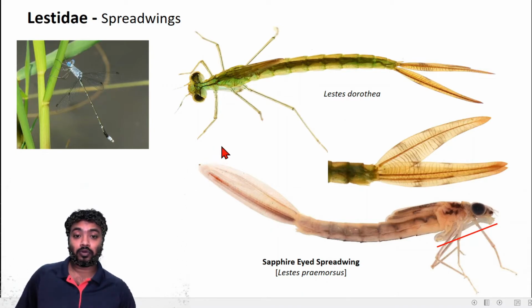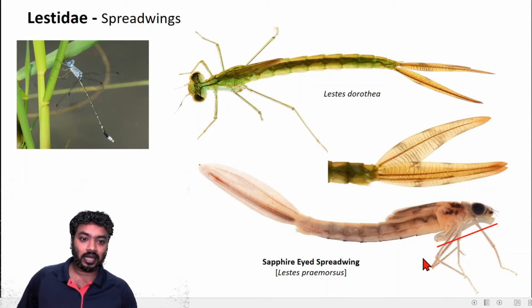Just by the comparative size of the gills with the body size of the larva, it is quite long. Some other species also have that, but by combining both characters, long feathery gills and the length of the labium, you can understand that this is a Lestidae.